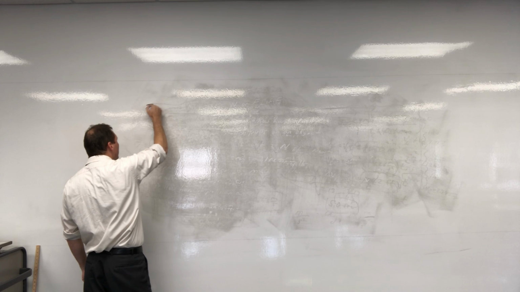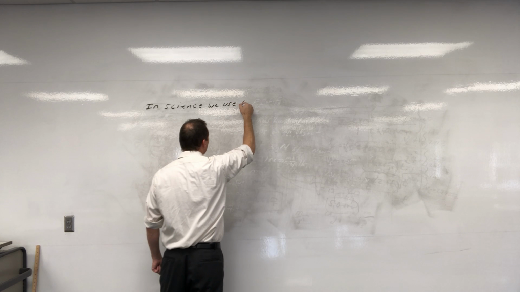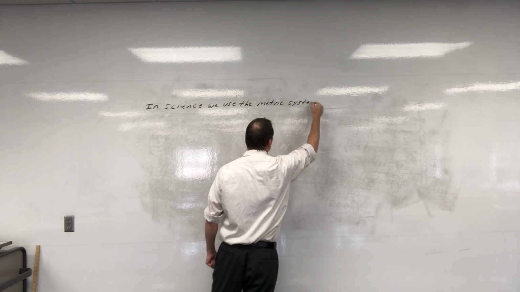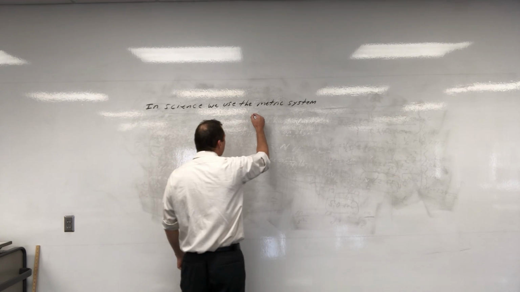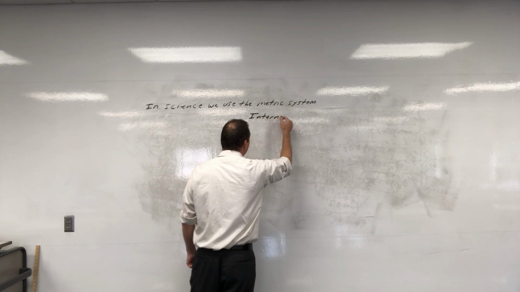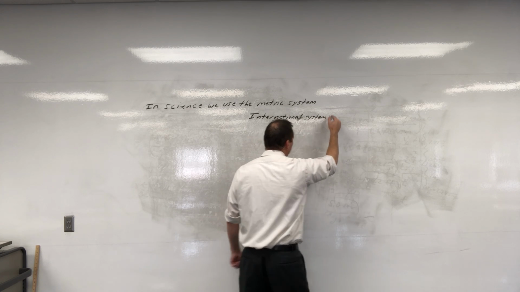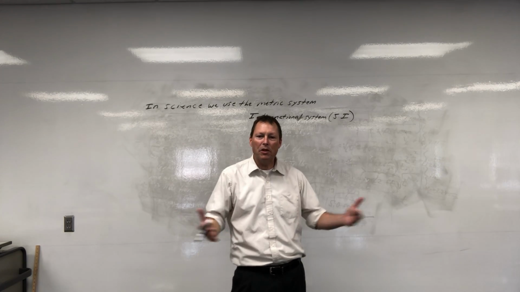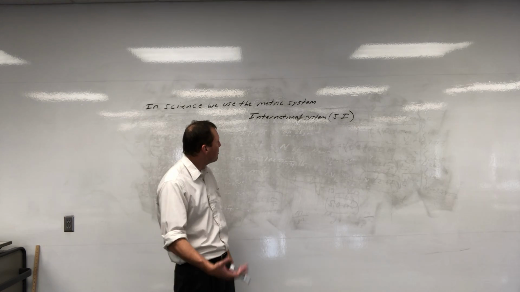In science, we use the metric system. Now the metric system is also called the international system, or the SI system, System International, because over in Europe, sometimes they like to play a little bit of word games and do things backwards, but that's all right.